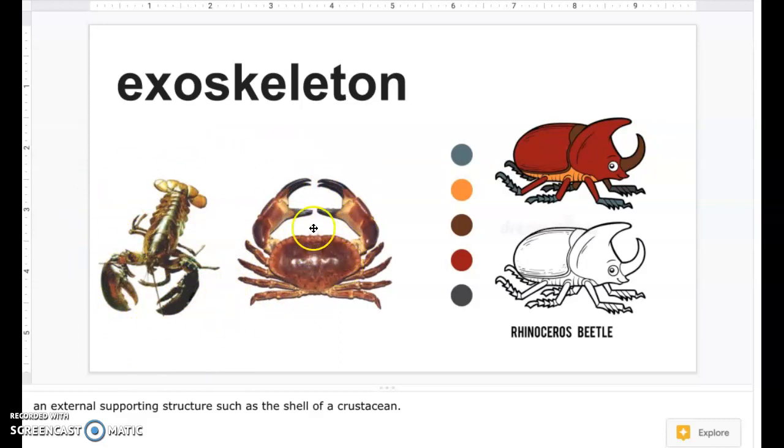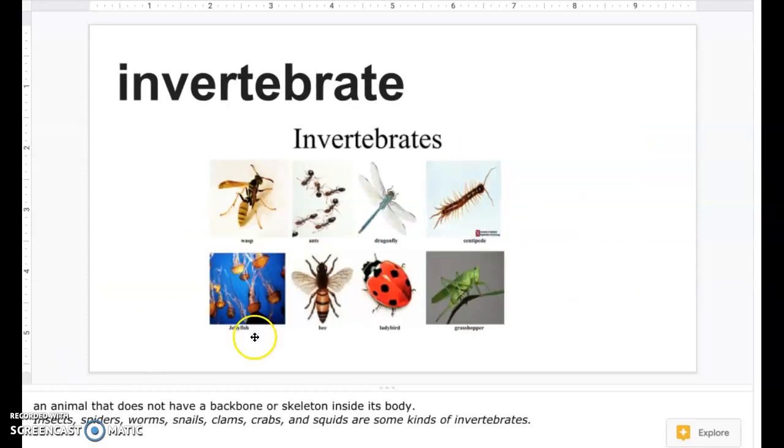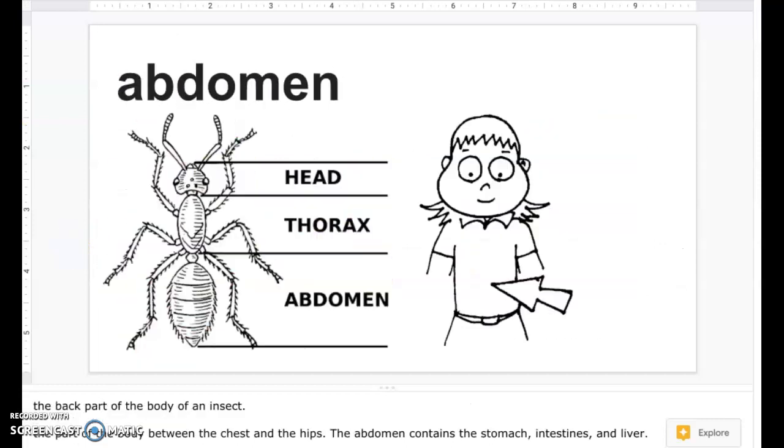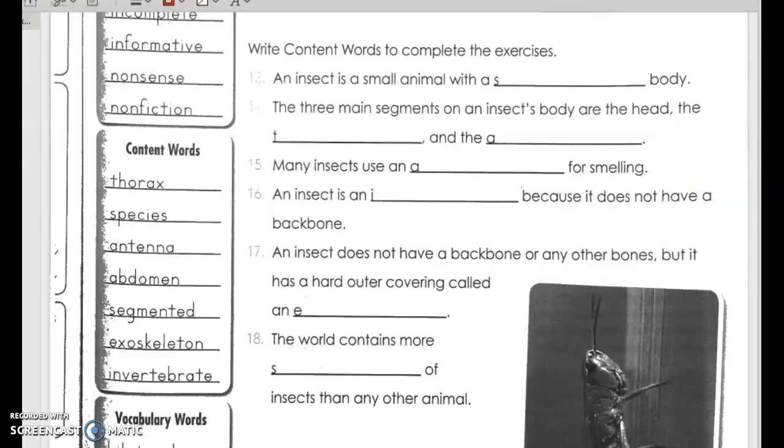Like the crustacean or the beetles that have the hard shell covering them, that's called an exoskeleton. An invertebrate is an animal that does not have a backbone or skeleton, like wasps, ants, dragonflies, centipedes, a lot of different insects. So these are the definitions for our content words. You can go back to look at them in order to complete the missing words.